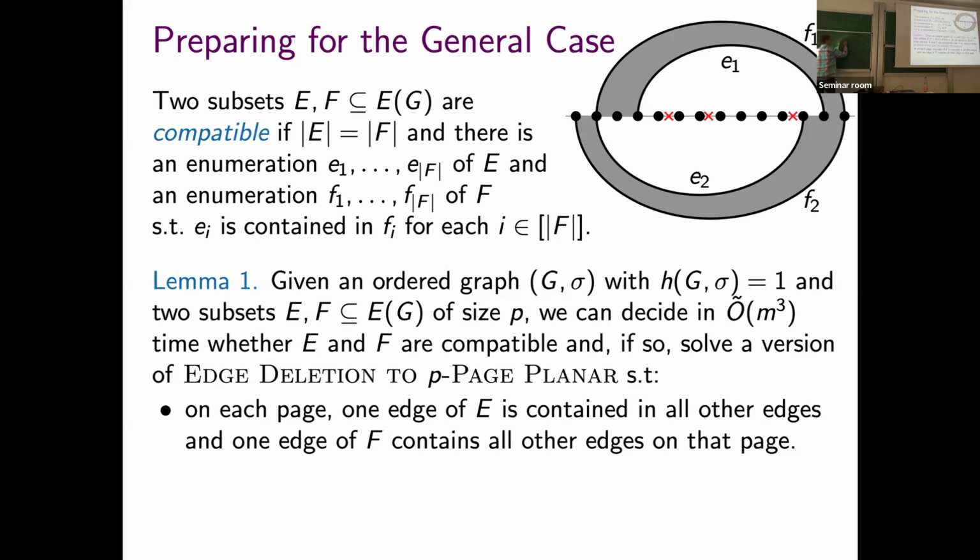So this is to E1, E2, all the way to EP. And similarly, we only have outgoing edges from the F edges, from F1 to FP. And this is all.